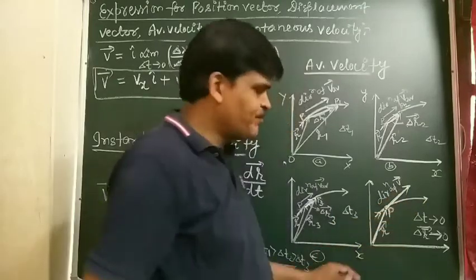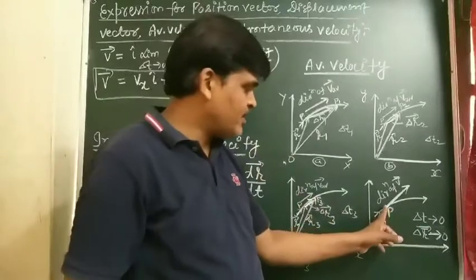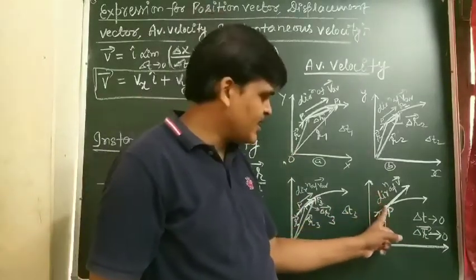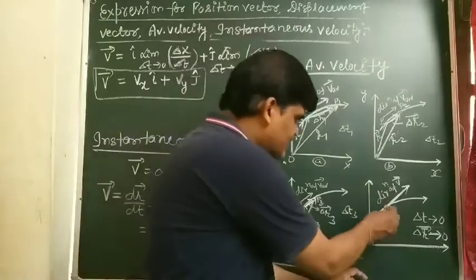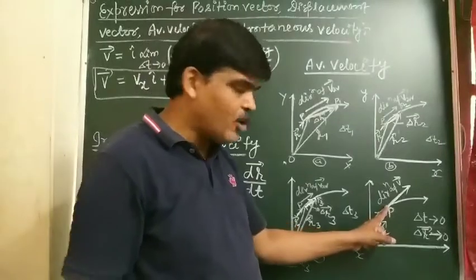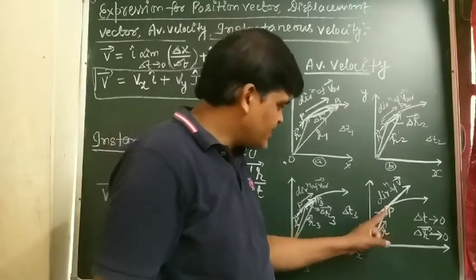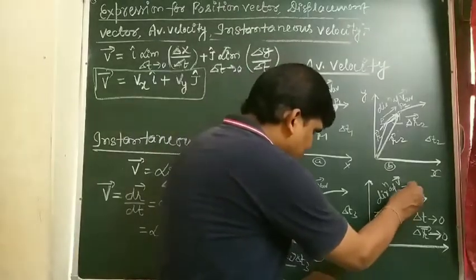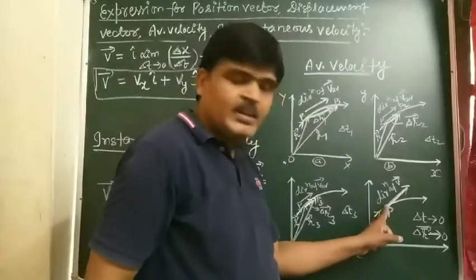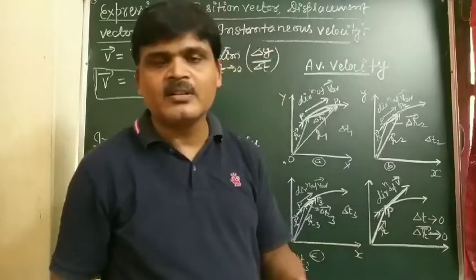So the direction of velocity, listen carefully, important thing, the direction of velocity at any point on the path of an object is tangential to the path at a given point in the direction of motion.